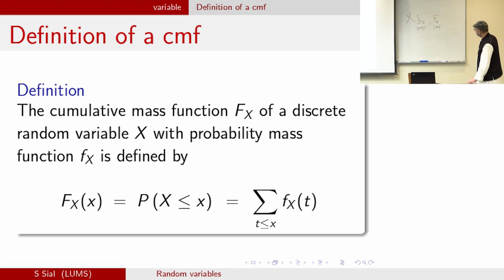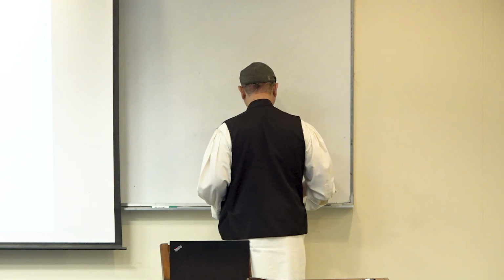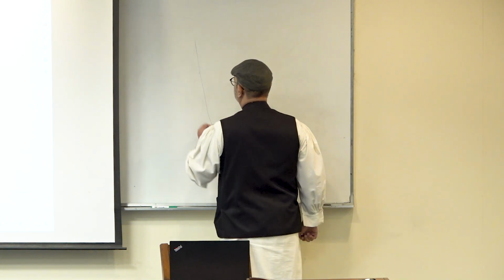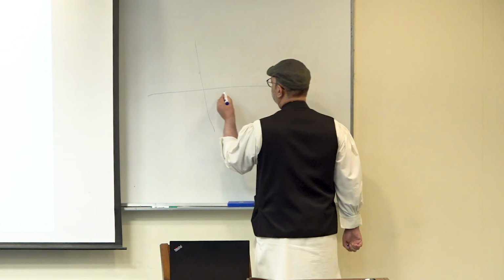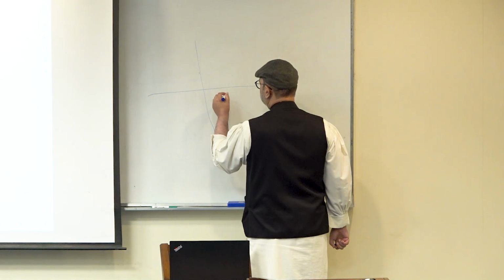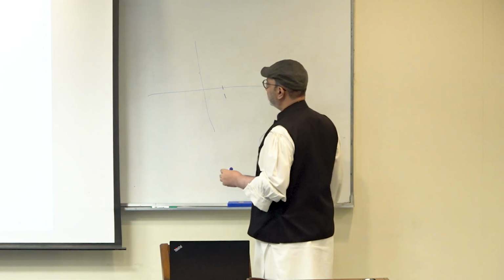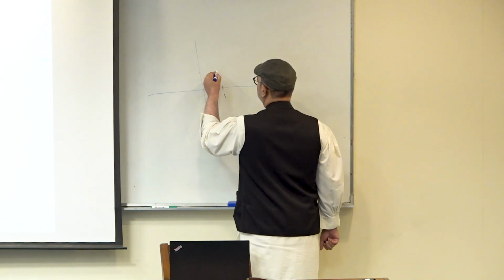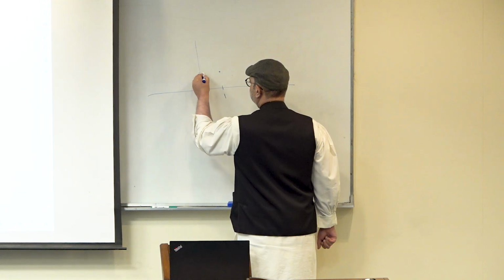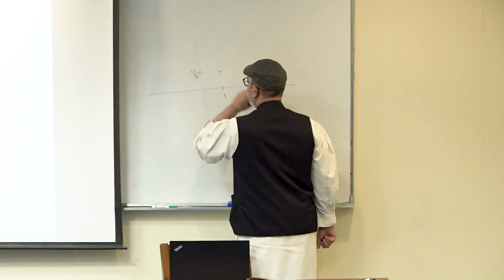Okay, so what did we have? In the previous exercise, if we draw a graph for this, the probability that x equals 1 was 1/6.